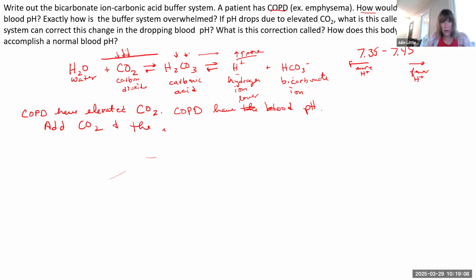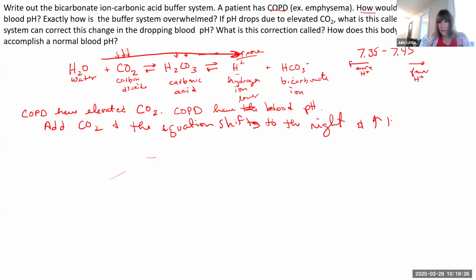Notice we are shifting to the right to try to get rid of that carbon dioxide. Add carbon dioxide and the equation shifts to the right and increases hydrogen ions, therefore decreasing pH.